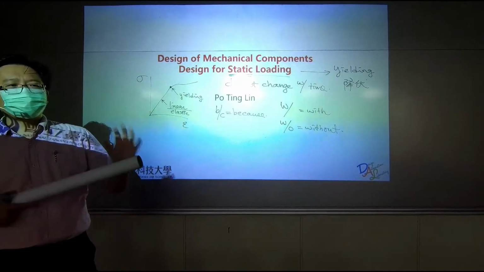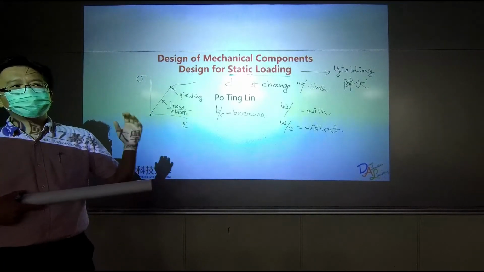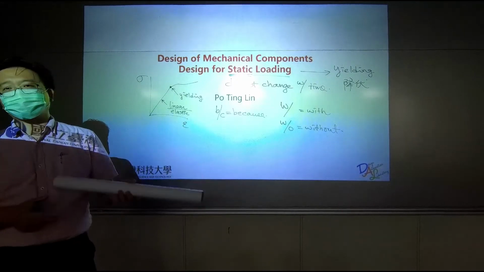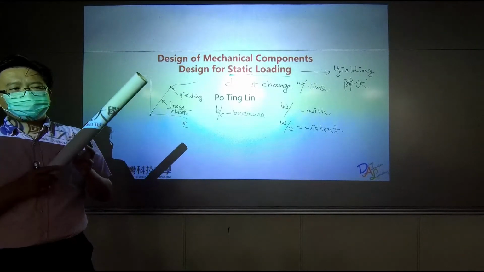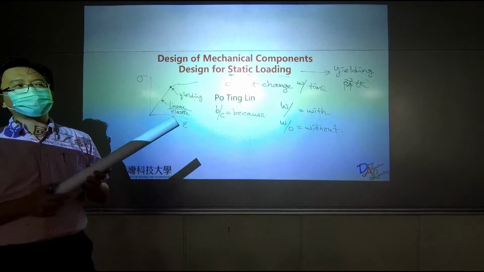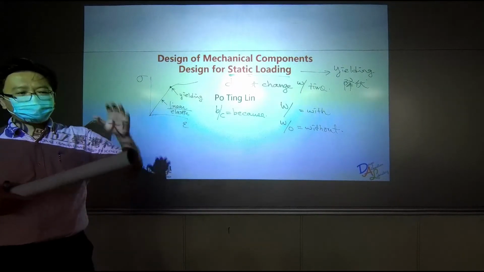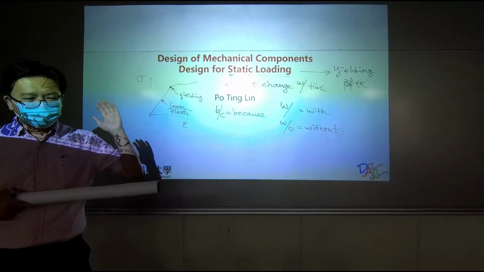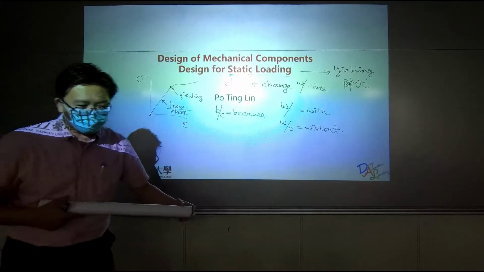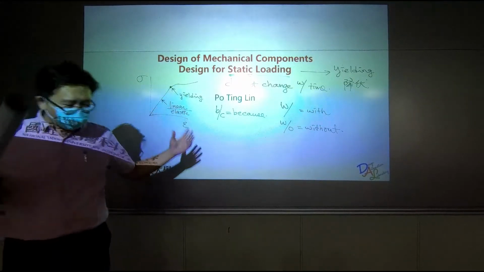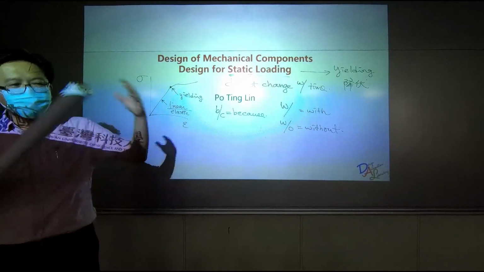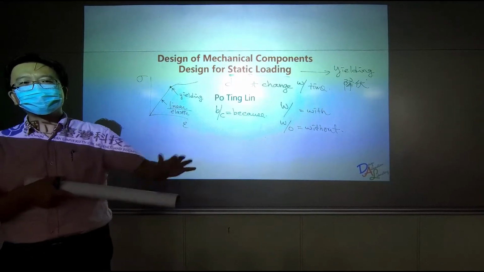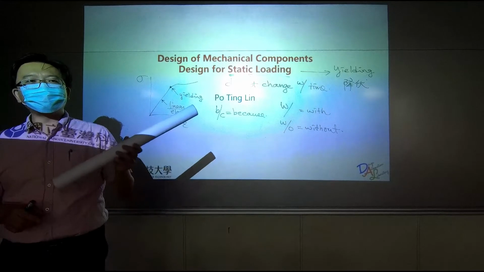Maybe the force I apply doesn't cause yielding. But for all kinds of material, especially metal, if you apply a force many times over a long time, the strength of the material becomes weakened.